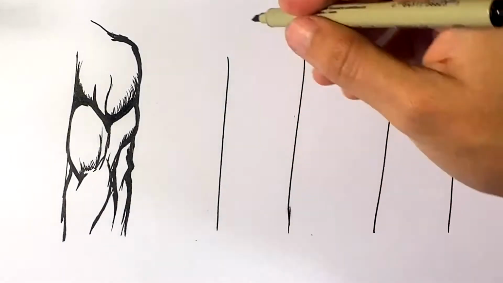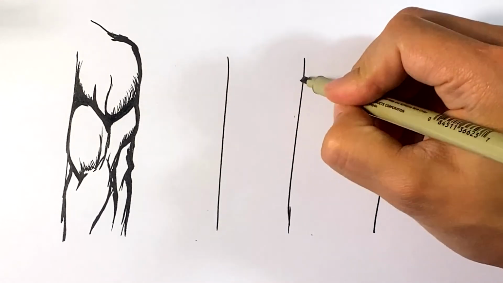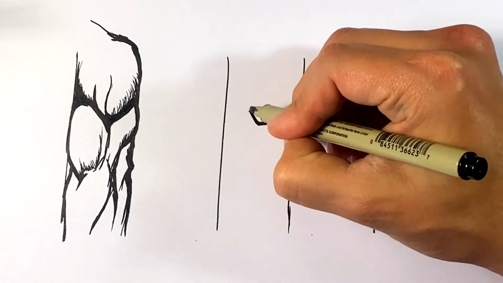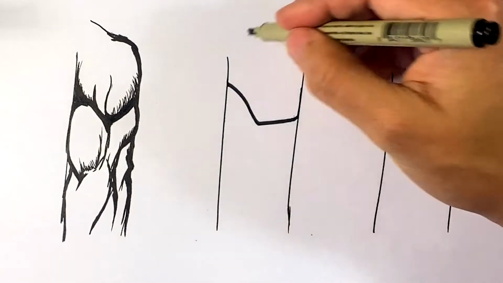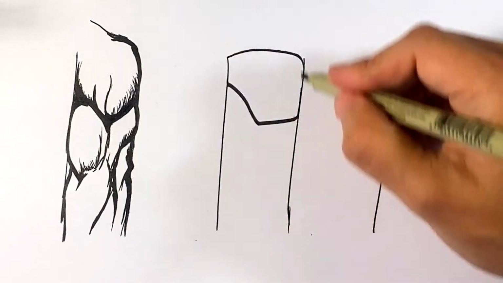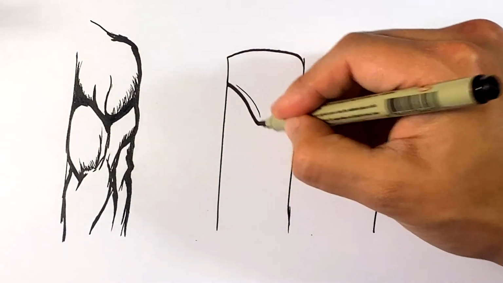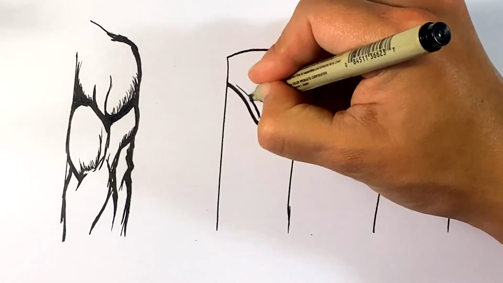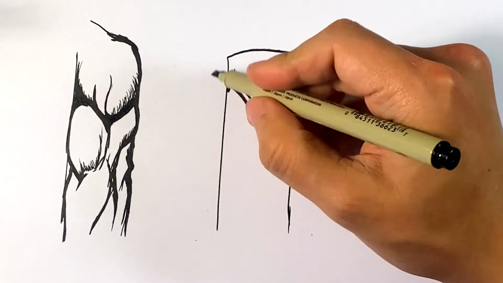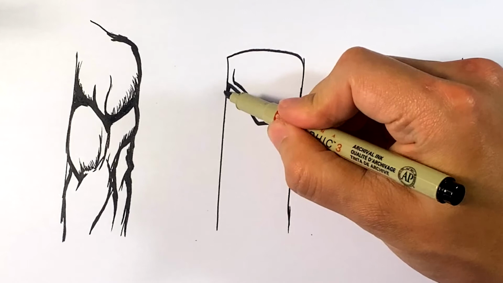Let me throw some on. Let's throw light armor on it. Let's just say he's wearing a plate of some kind, like on his shoulder. Going over here, that means he's going to have some fabric on, most likely.